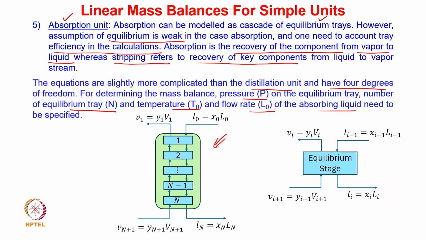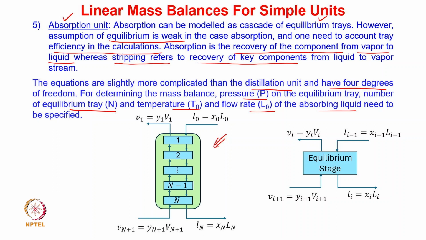Okay, so that k, with respect to the key component, or n with respect to the key component, we have omitted here. So small l naught is nothing but the molar flow rate of a particular key component coming into the absorption unit.